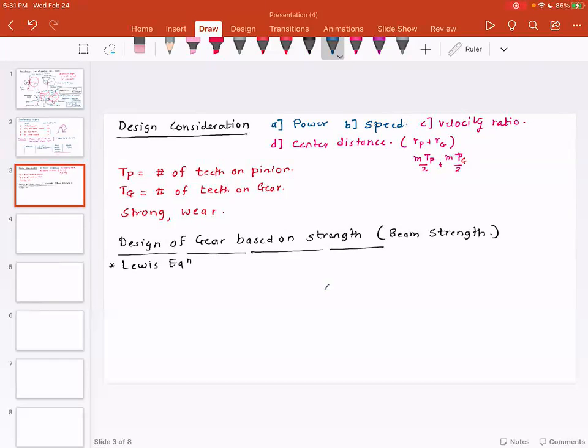If you look at the gear profile, and I'm going to show this gear profile, a very simple gear profile. Then what you have is a tangential load on the gear, and I'm going to call this WT. WT is the tangential load.